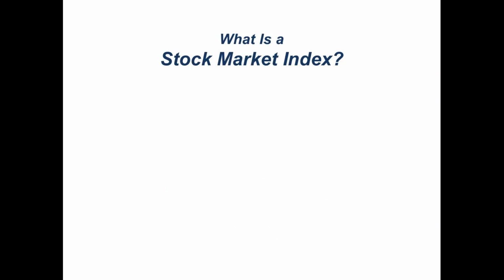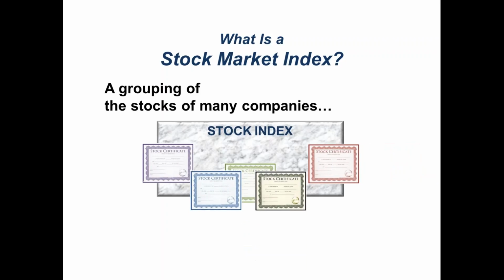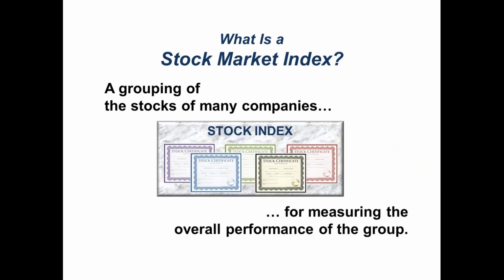The first thing we want to understand is what actually is a stock market index. It's simply the grouping of the stocks of a bunch of different companies that are artificially grouped for measuring the overall performance. In other words, a stock index doesn't really exist other than as this kind of artificial idea.